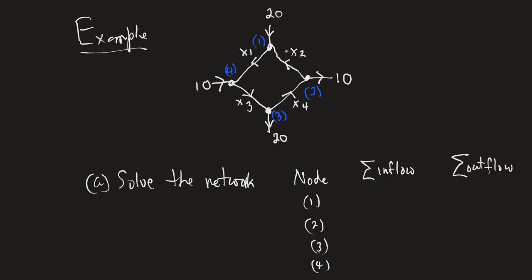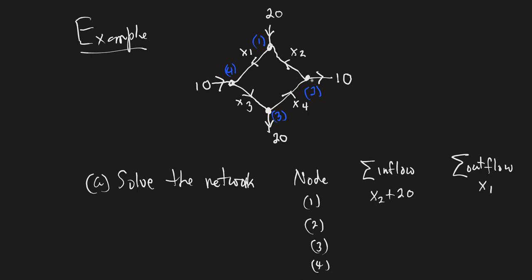So at node 1, there are 2 arrows pointing towards this node for a total of x2 plus 20. And then there's only 1 arrow pointing away from node 1, and that's the unknown value x1.